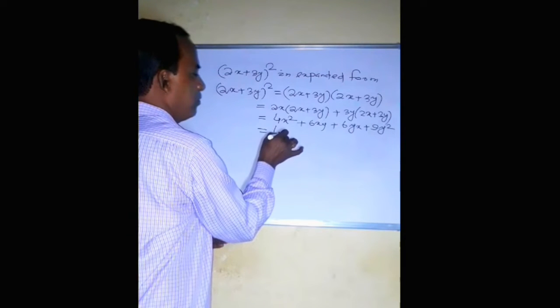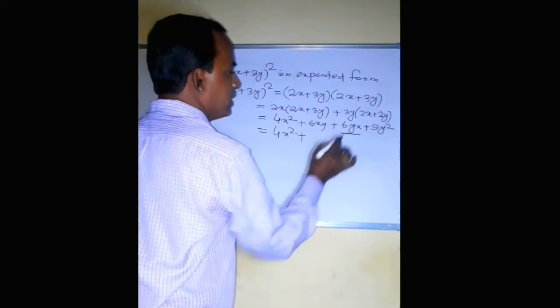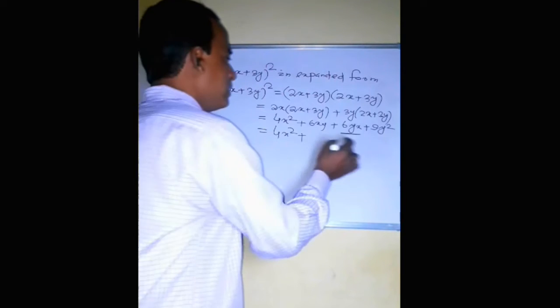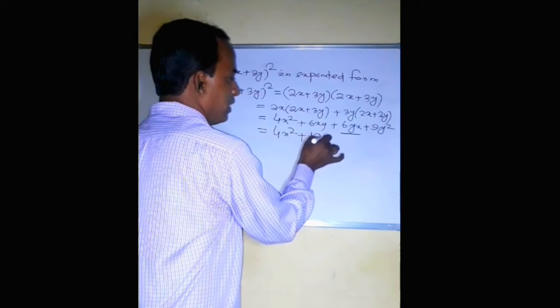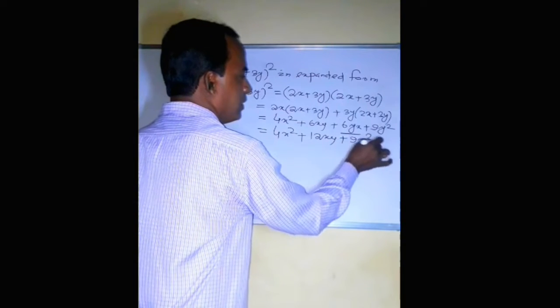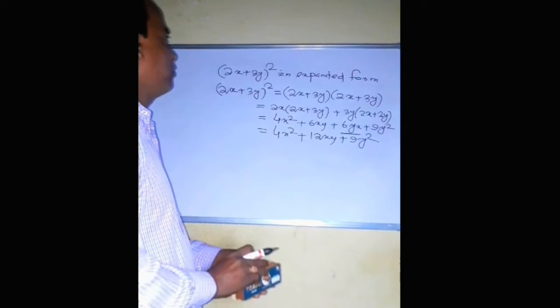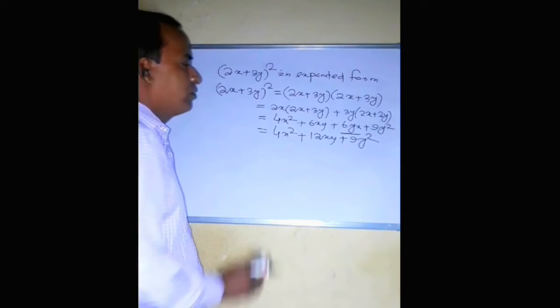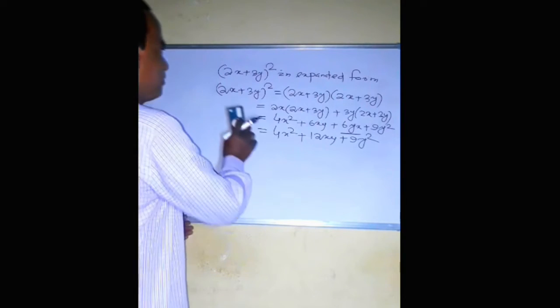Then 4x square plus 6xy, then 6yx is the same as 6xy by the commutative property, so it is 12xy plus 9y square. This is the expanded form. The square of (2x plus 3y) equals 4x square plus 12xy plus 9y square.